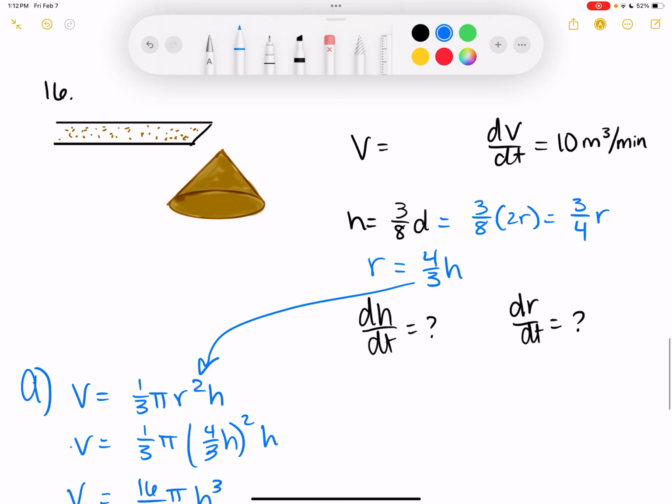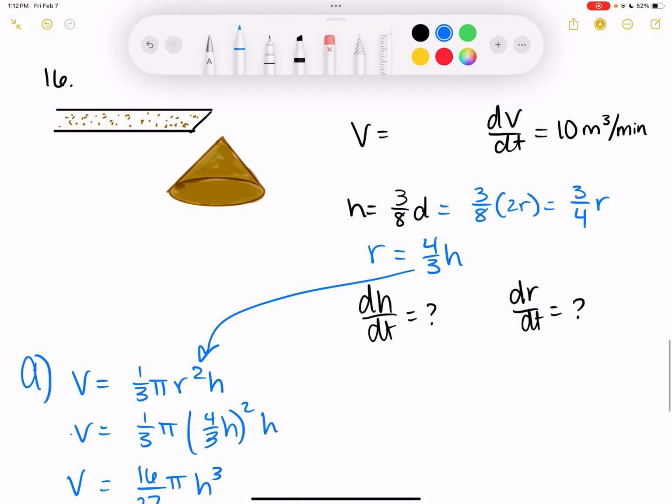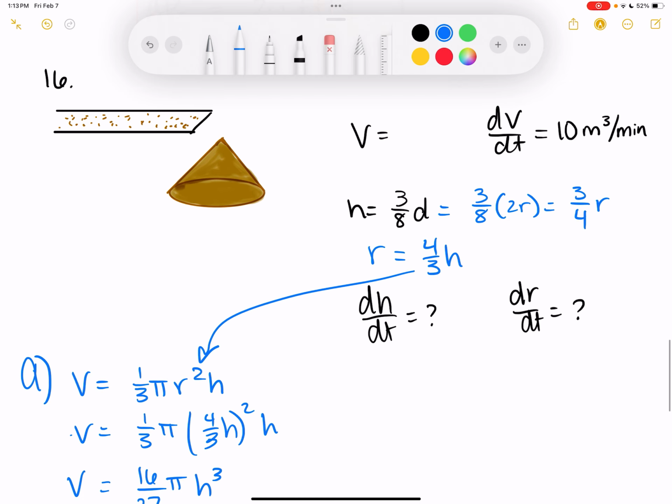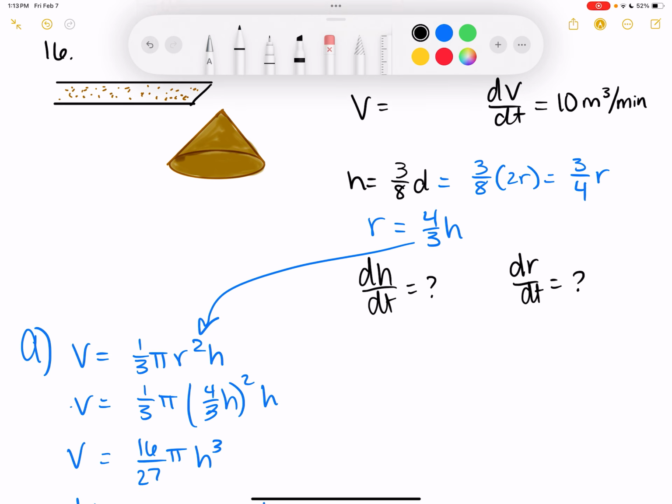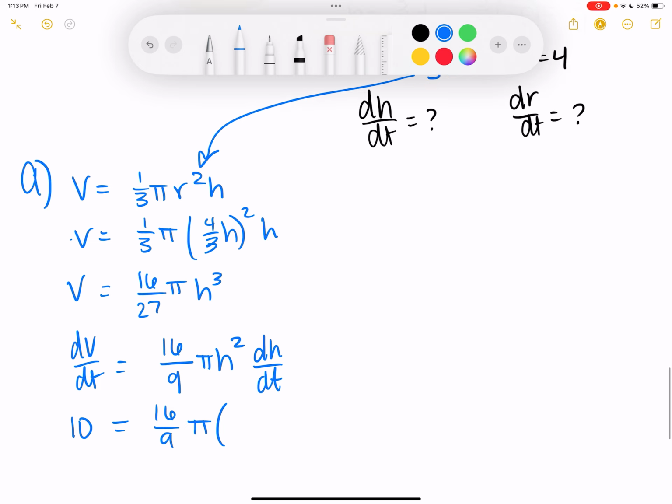Am I missing a piece of information? Oh, well, part B says find the rate the radius is changing when the pile is 4 meters high, so we're going to use that. So h is equal to 4. I feel like they should have put that before they did the question in parts, but that's okay.